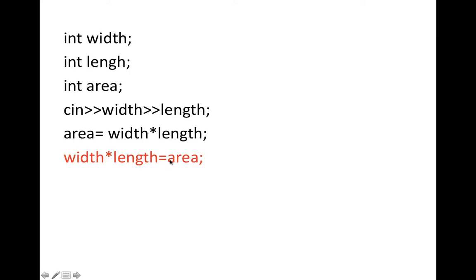In particular, it has no value for area, so it doesn't know what to place over here. When you write variable equals something, it always takes what's on the right-hand side and assigns it to the variable on the left-hand side. So you can't, in general, switch the order of equal signs in C++.